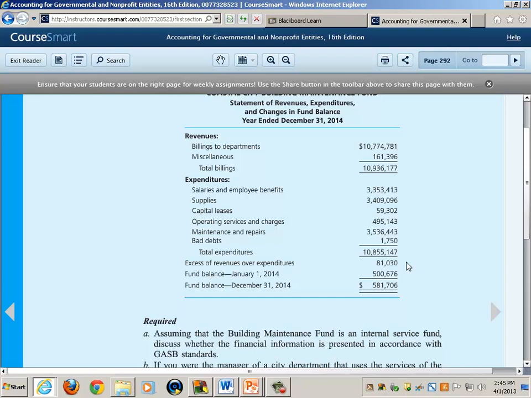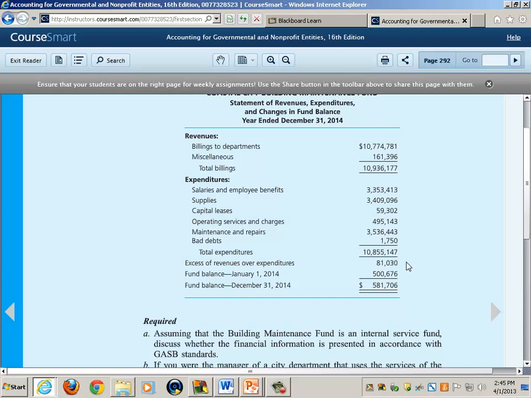The only one they don't do is measuring the effectiveness of government services, meaning how effective those services are. Okay, there is nothing which says the police force was 60% effective or 70% effective. We don't have that.